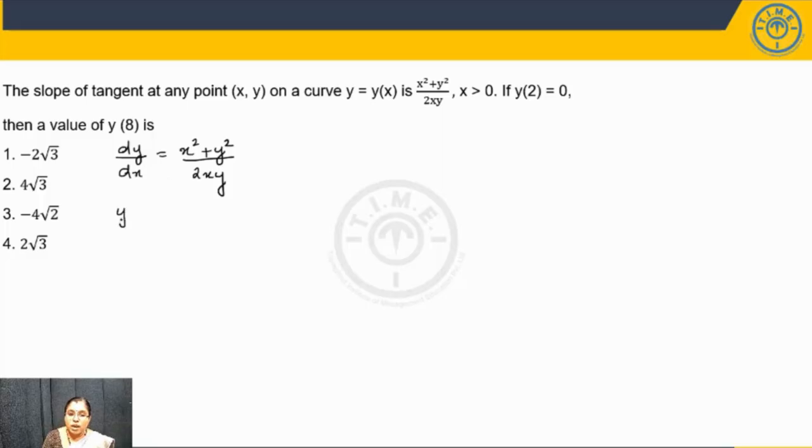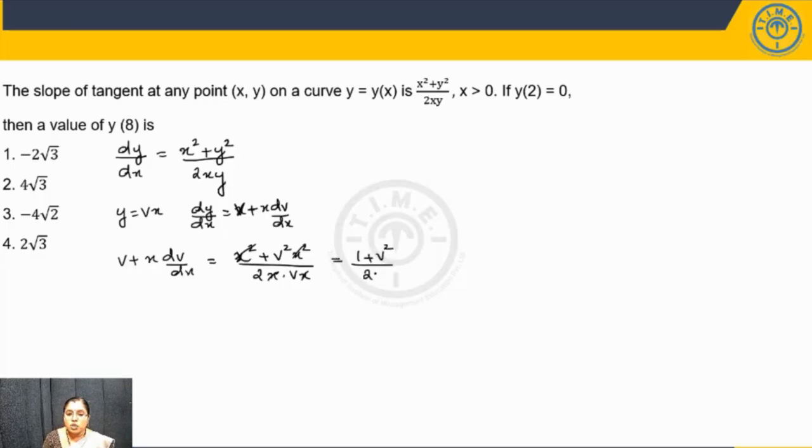So we'll replace y by vx and dy by dx by v plus x dv by dx. So we have v plus x dv by dx equal to (x square plus v square x square) divided by 2x into vx. X square cancels from each and every term, so we get (1 plus v square) by 2v.